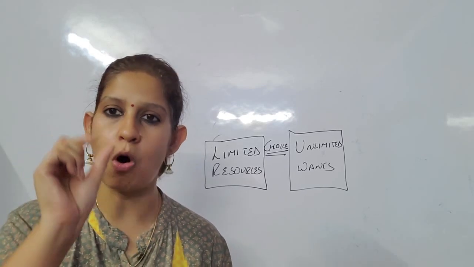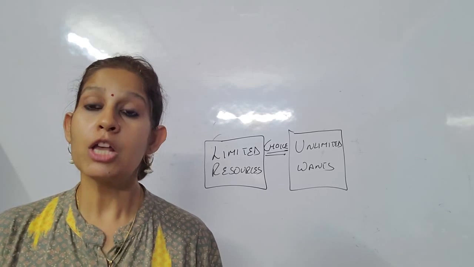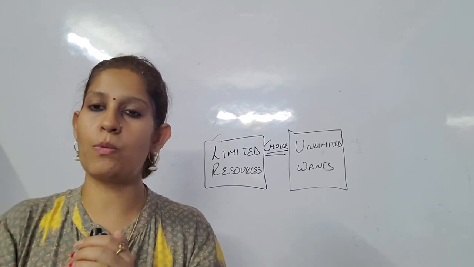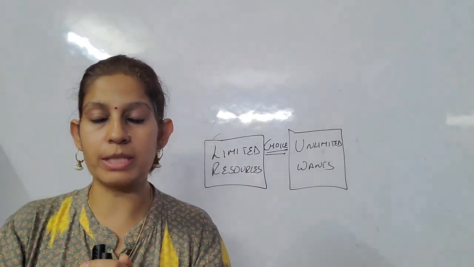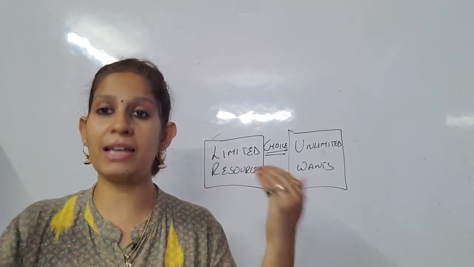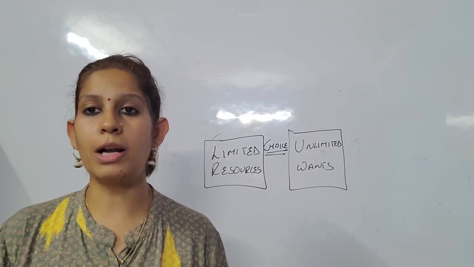Micro means small. It is derived from the Greek word micros, which means small. So when we deal with individuals, it is a part of microeconomics. But when we deal with aggregates, as in the economy as a whole, it is called macro.